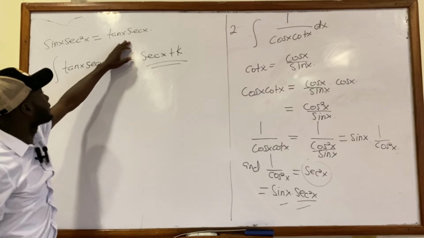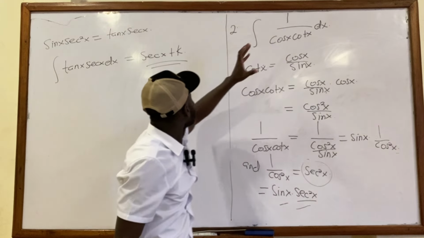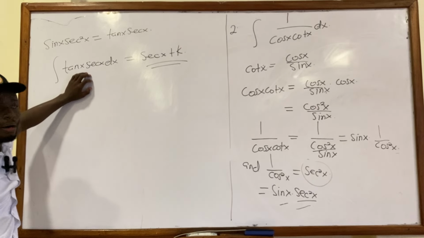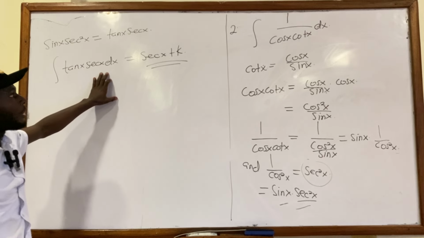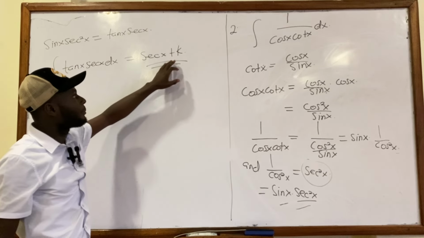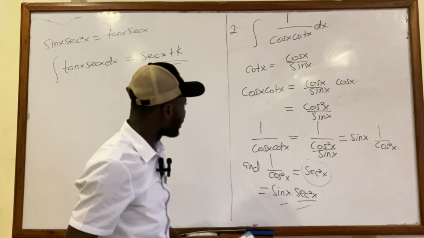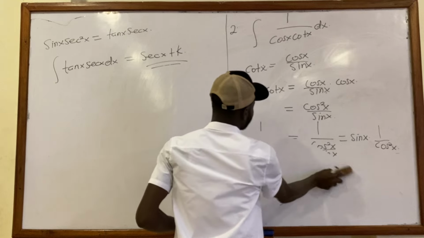So this is our simplified integrand. Now we are going to integrate this function. When you integrate tan s sec s, we are going to have sec s plus a constant, say k. So now let's move on to question number 3.